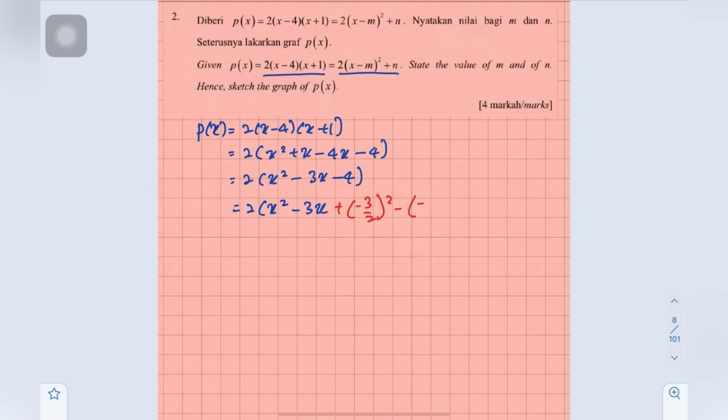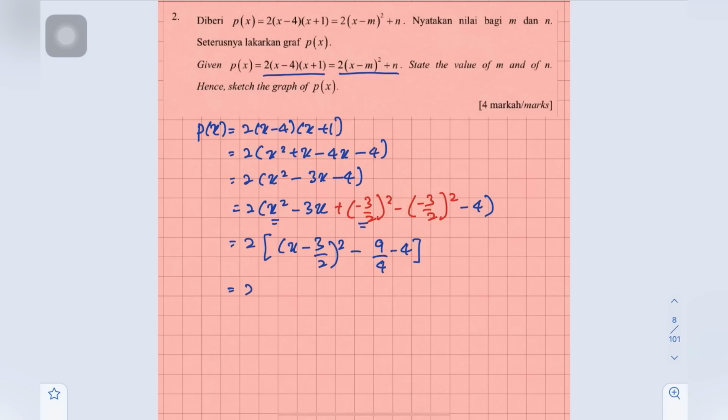So minus (negative 3 over 2) squared. So then minus 4. Okay, so then we can simplify: (x minus 3 over 2) squared minus (negative 3 over 2) squared, which is 9 over 4, minus 4.